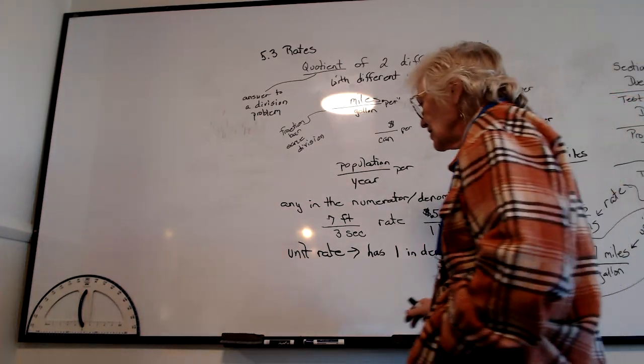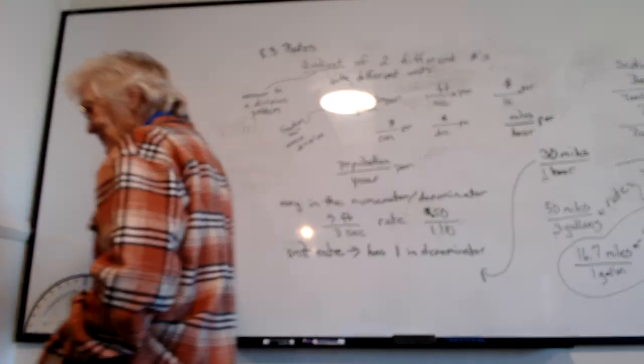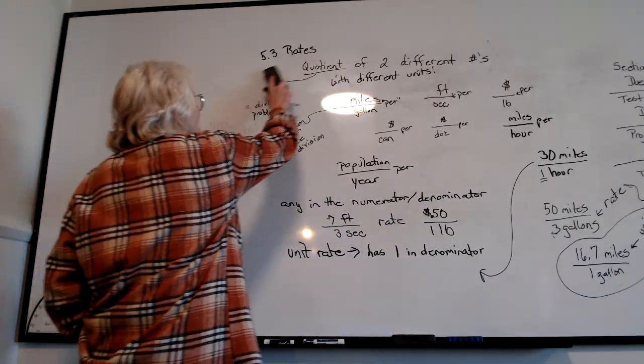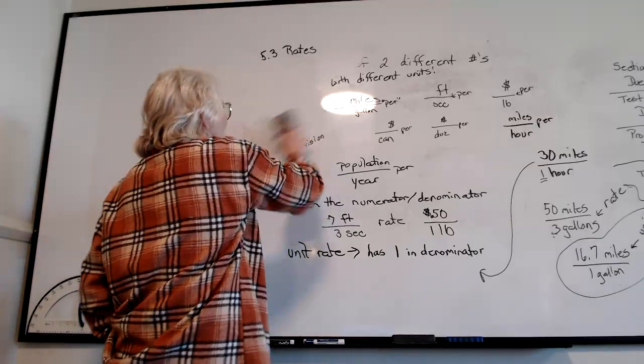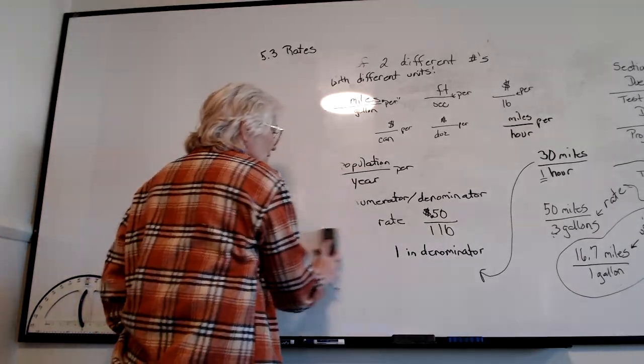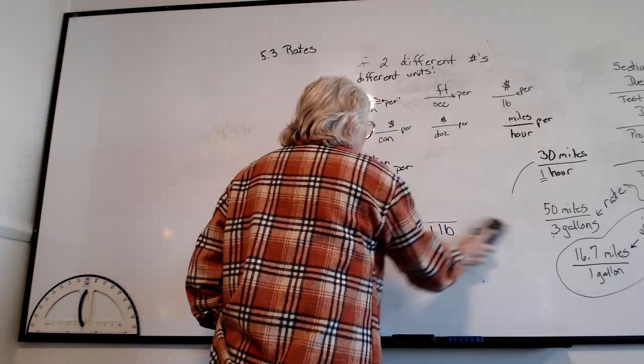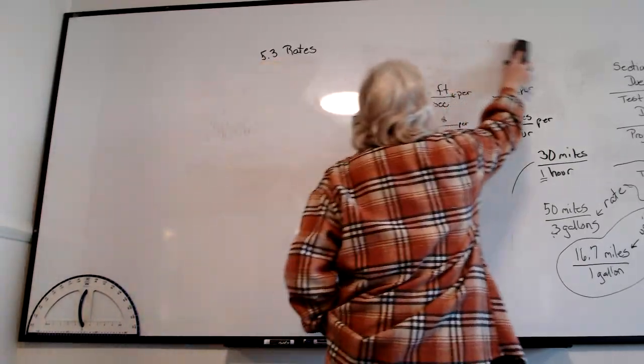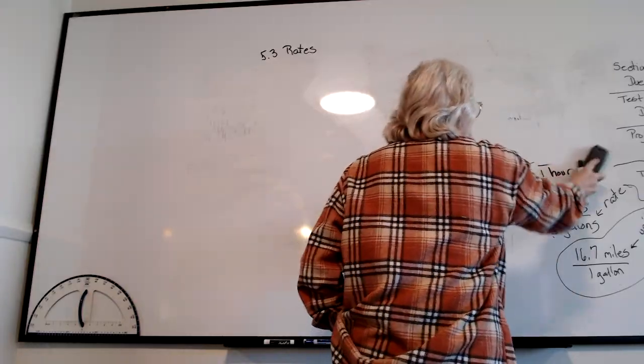There are other conversions that you use a lot in science when you start doing conversions in science. Those are the rates that we convert from minutes to seconds. All those are rates. So time.